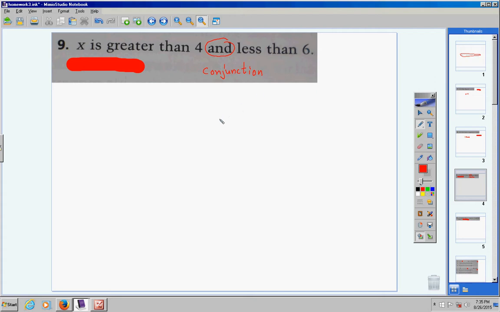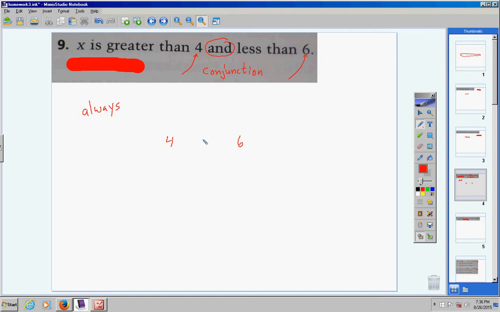Now here's the best way to write a conjunction. Look at your two numbers right here and write the smallest one to the left and the largest one to the right. Always, okay?